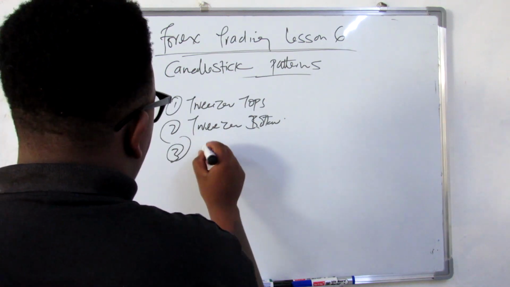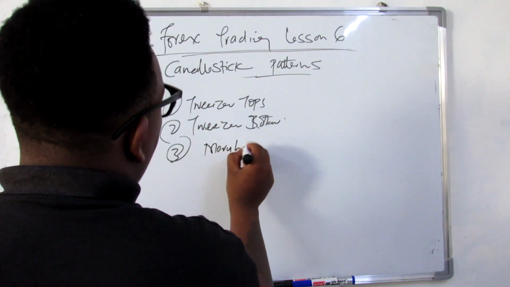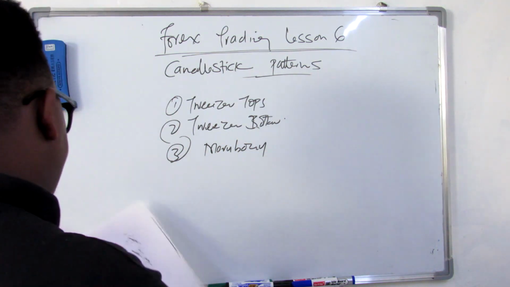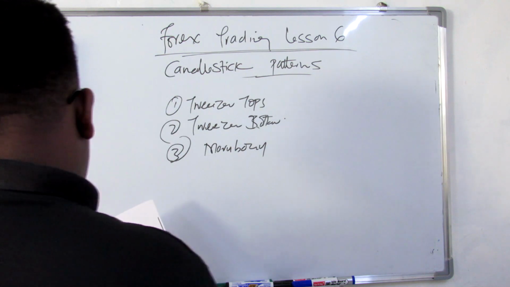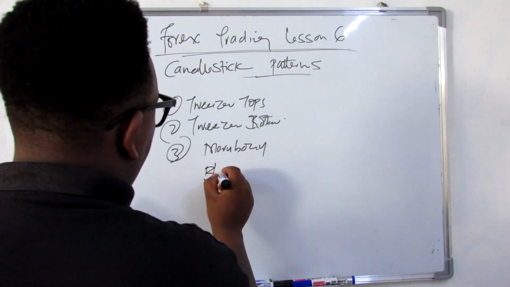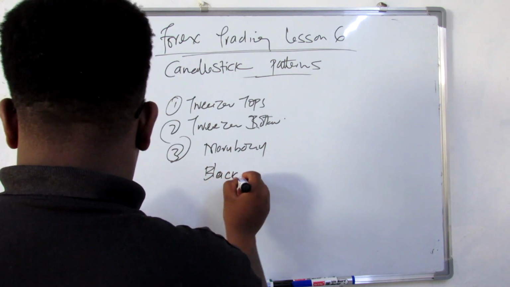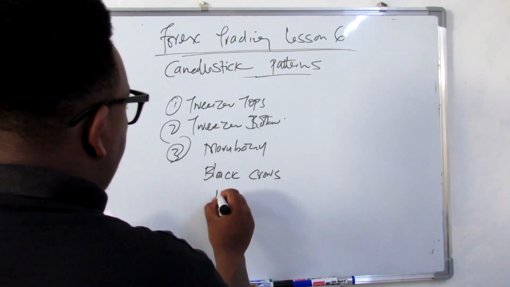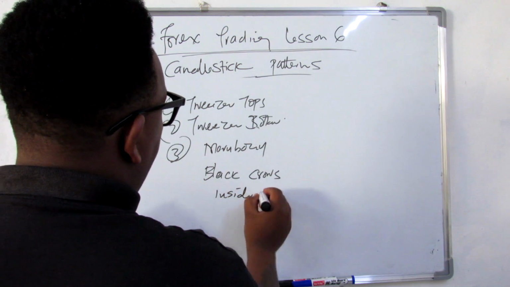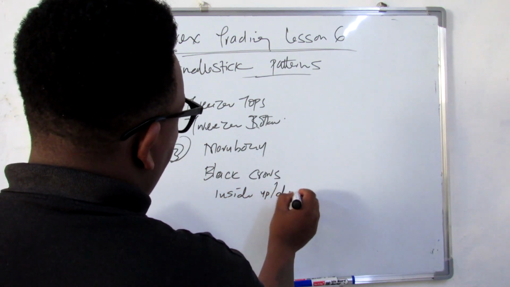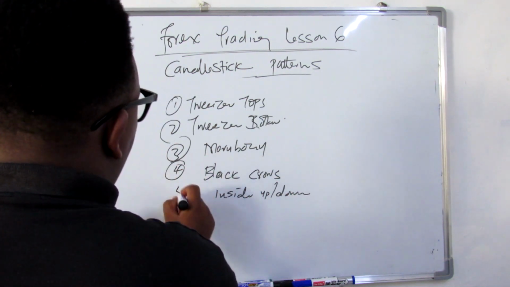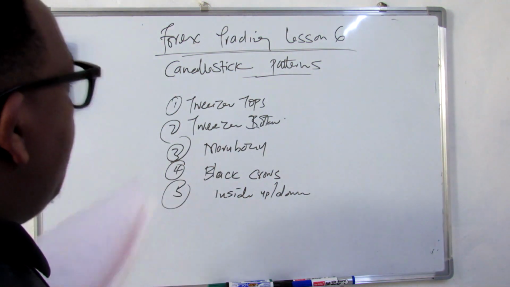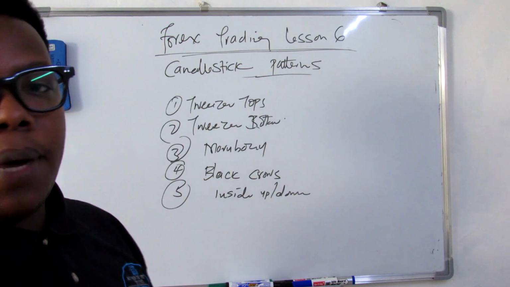We also have the marubozu, as well as the black crows, and the inside up, outside down. So it's important for you to make sure you check them out during your free time. So that's it for the candlestick patterns.